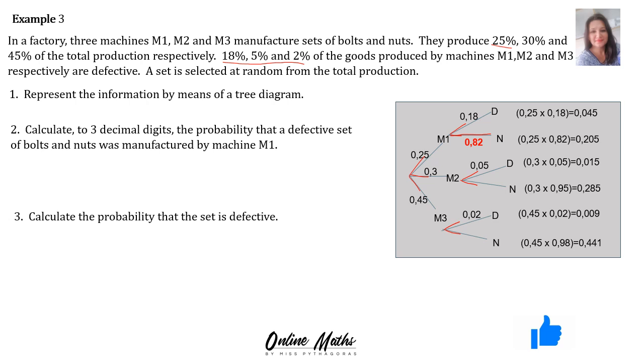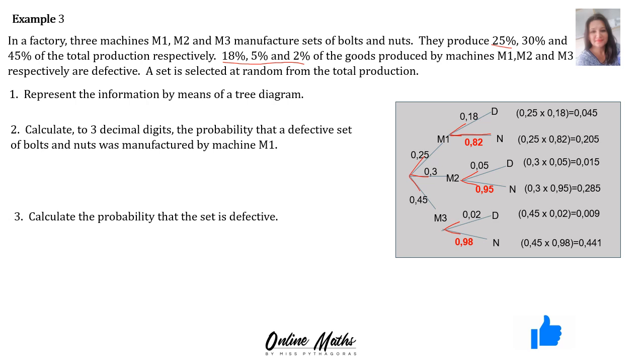And then on the next one, it's 0,05. So we say 1 minus 0,05 and we get 0,95. And then for machine 3, we say 1 minus 0,02 is 0,98. And then there we have all the numbers we need for the branches of our tree diagram.